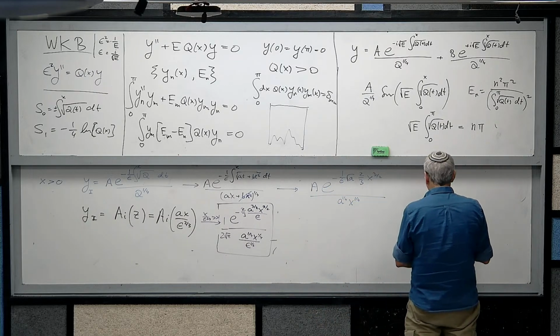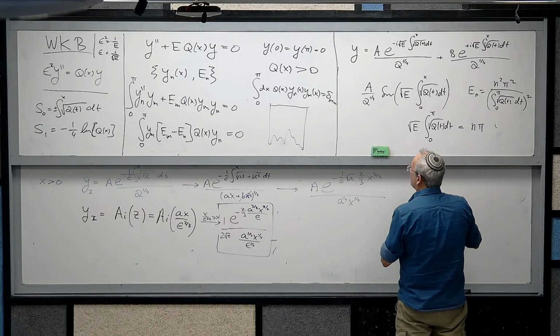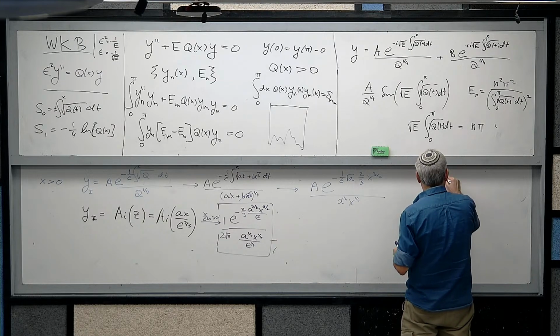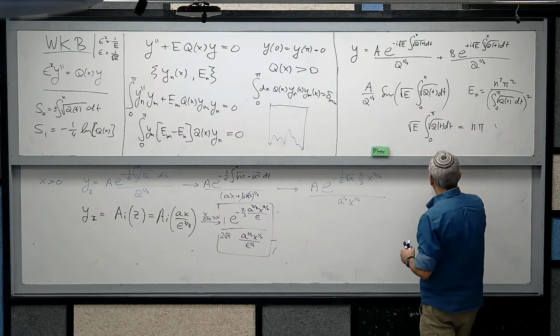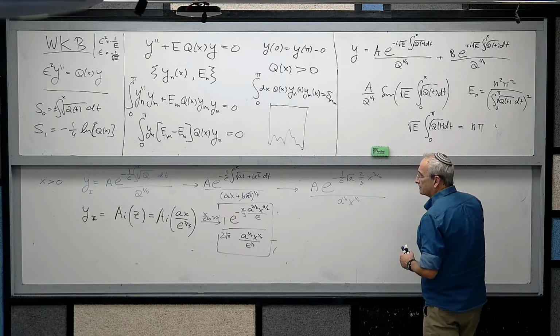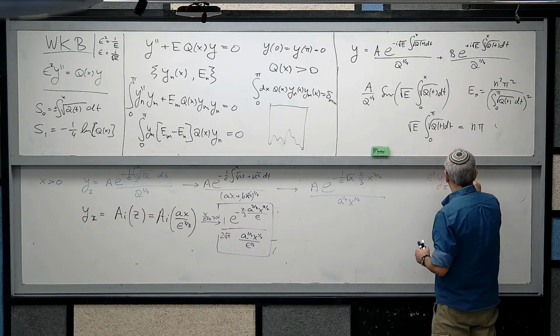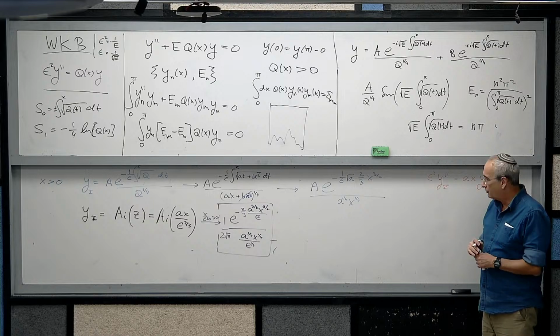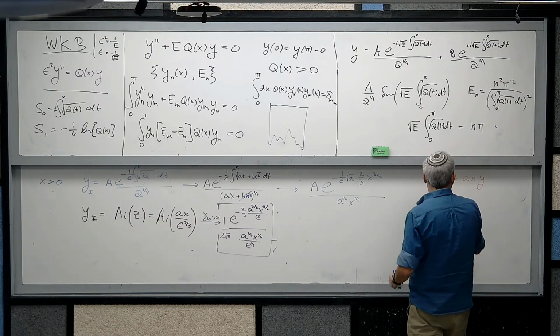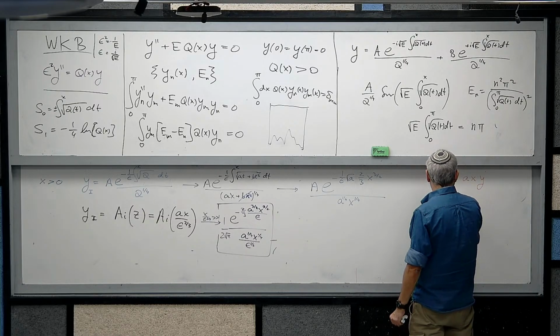We had the actual equation, y double prime in region number 2: epsilon squared times y double prime is equal to A times X times Y. Now we want to define Z such that Z is X over gamma.